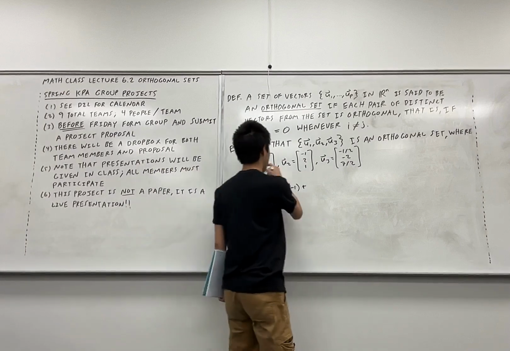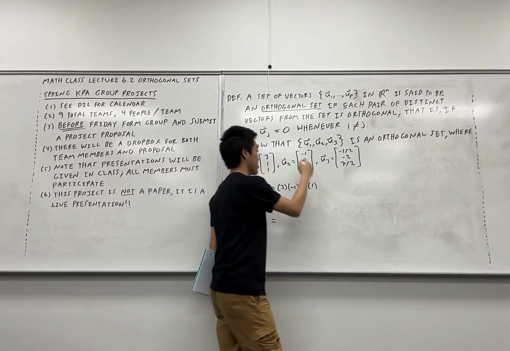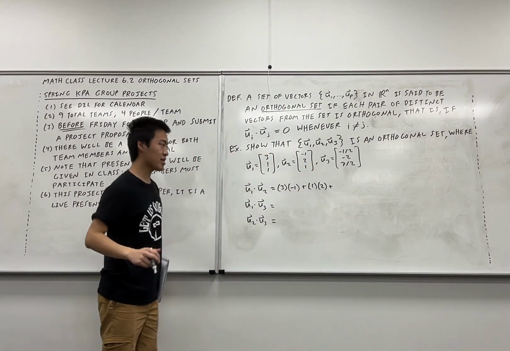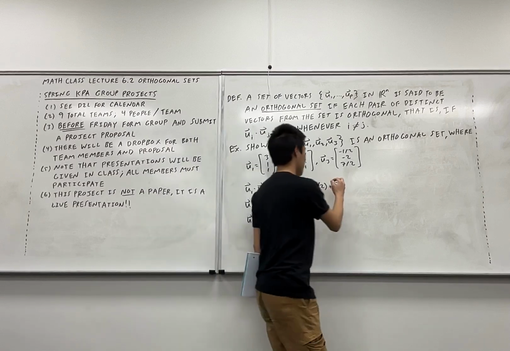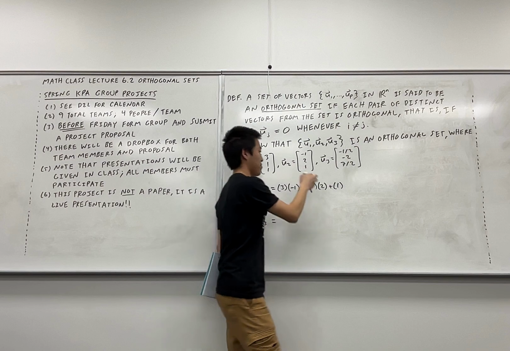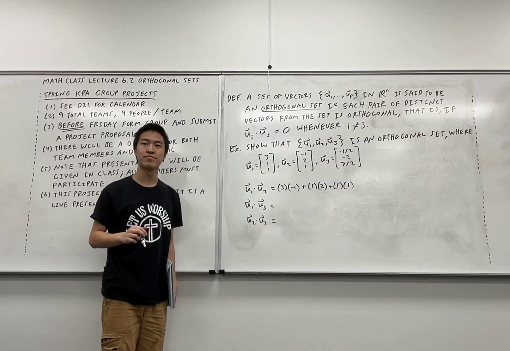The next one, I take the second entry of U1, and the second entry of U2, put a plus sign, link these together. And then here my third entry is a 1, and over here my third entry also happens to be 1. Does that make sense?